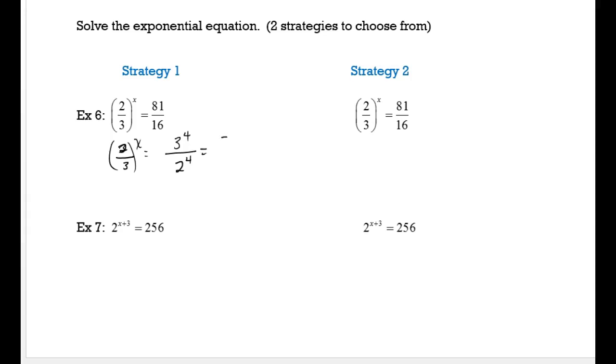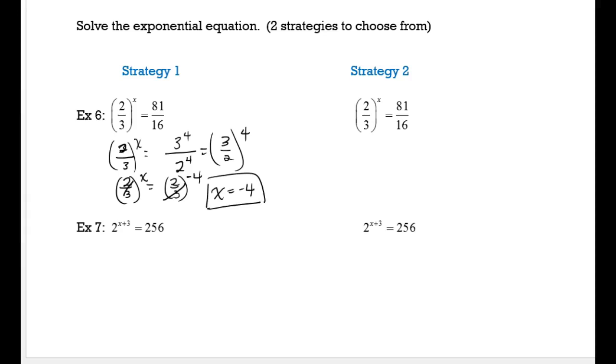Or I could write this as 3 halves to the 4th. But I need to flip it over so it matches the base on the left. So what I do is 2/3 to the x power. And to flip it, I just make it a negative 4. That's all you got to do. Once the bases are the same, the bases go away, and x is equal to negative 4.